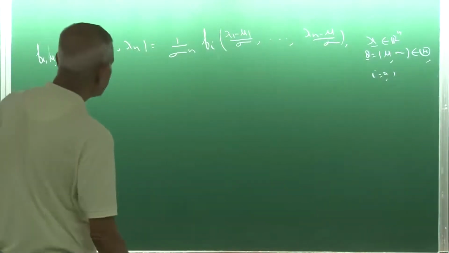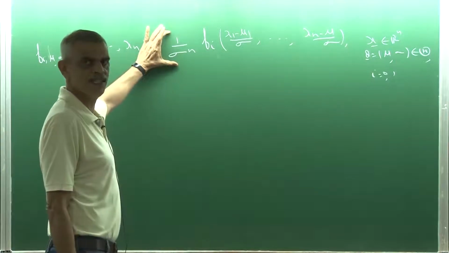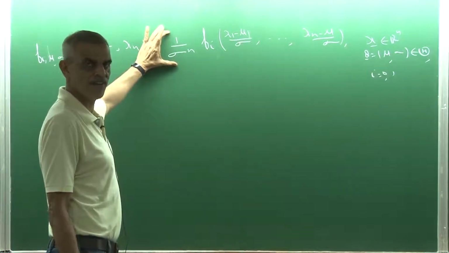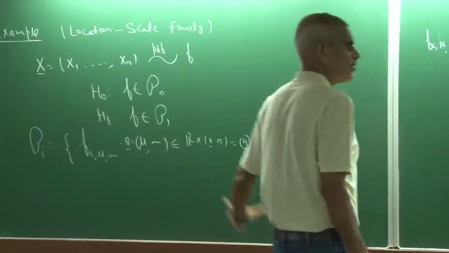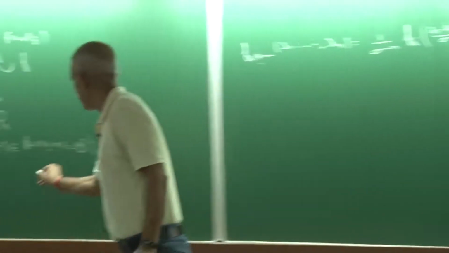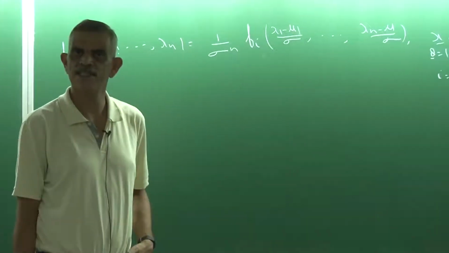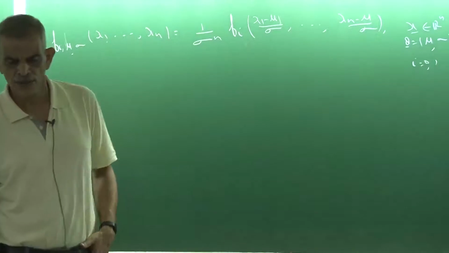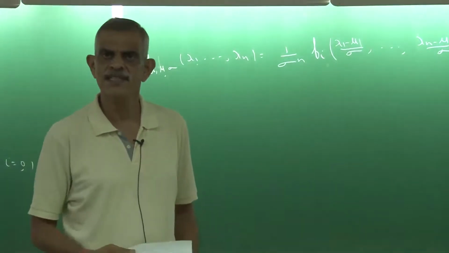Now if you recall your estimation theory, you know that location scale families are invariant under the affine group of transformations if your parameter space is the whole of R cross (0, infinity). So if your parameter space is this, then any location scale family is invariant under the affine group of transformations. So under P0 and P1, both would be invariant under the affine group.